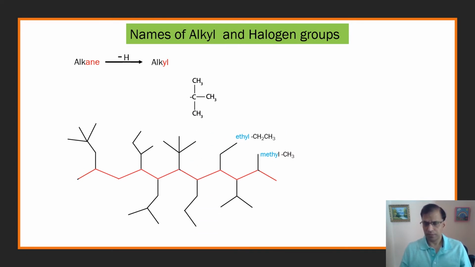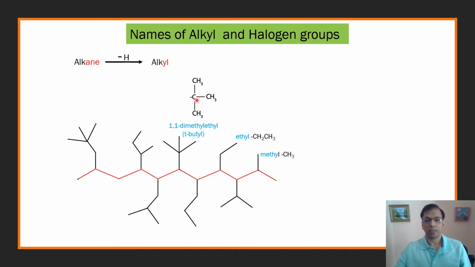And this one is the T-butyl. T-butyl is the generic name, but 1,1-dimethylethyl is the IUPAC name. So when you're naming the molecule in the IUPAC system, you will be using 1,1-dimethylethyl. How did you get 1,1-dimethylethyl?